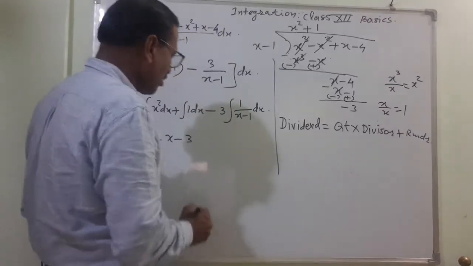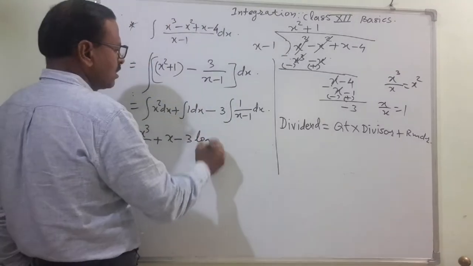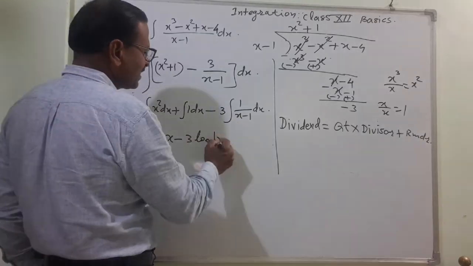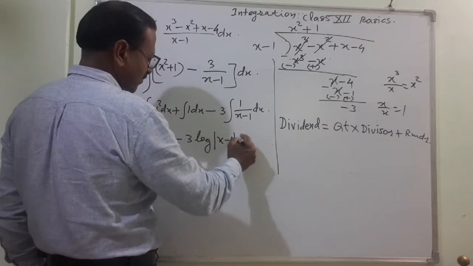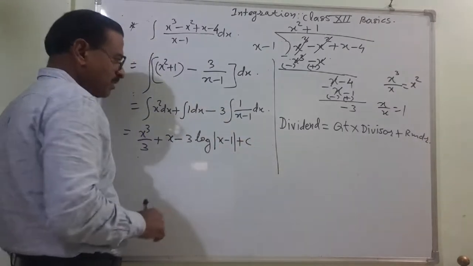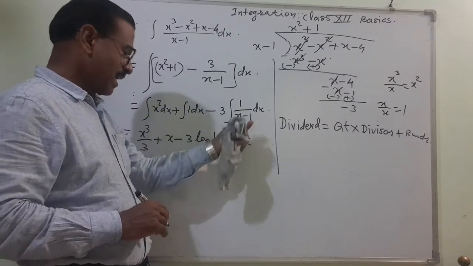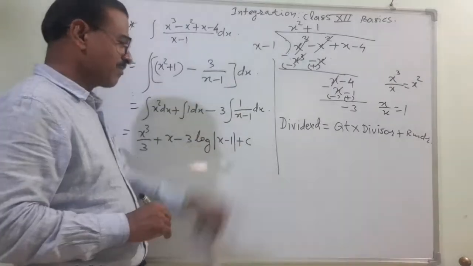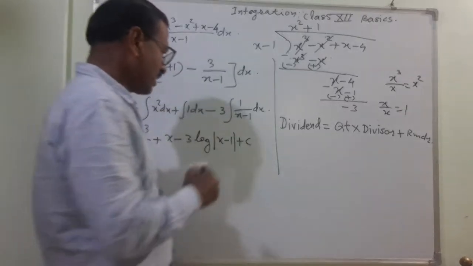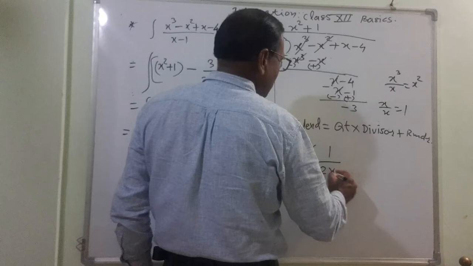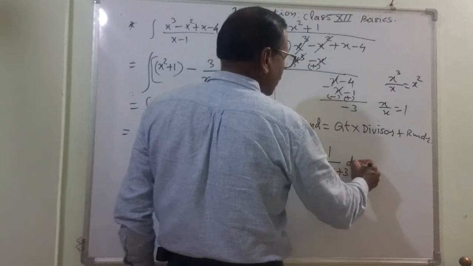The integration of it is log of x, but instead of log of x, it is log of x minus 1 plus c. Now as per the rule I have told you, take the derivative of this once again and divide by it, but the derivative is coming 1, that's why I am not dividing it. Suppose it is 1 upon 2x plus 3.